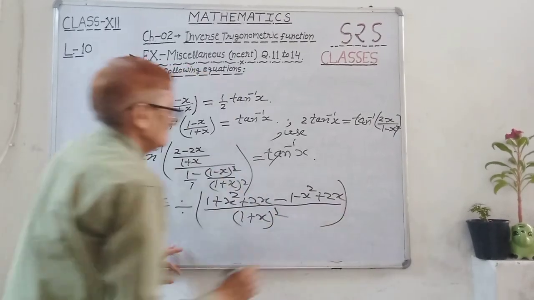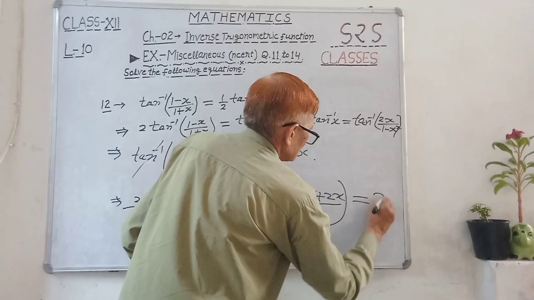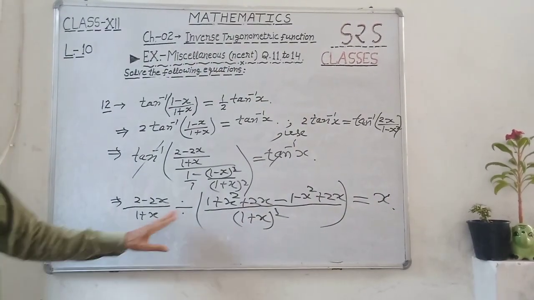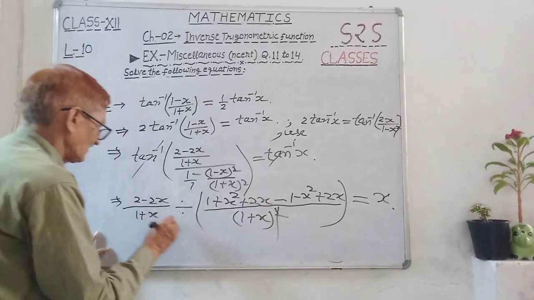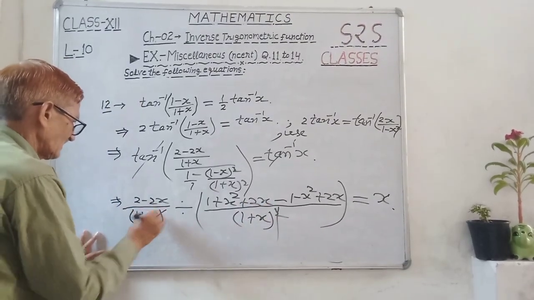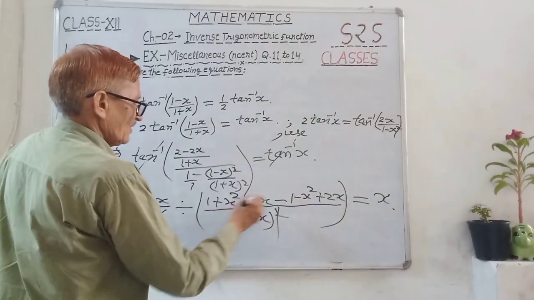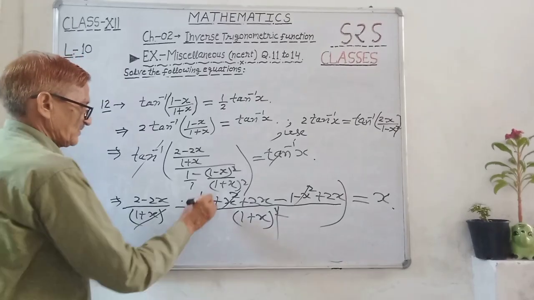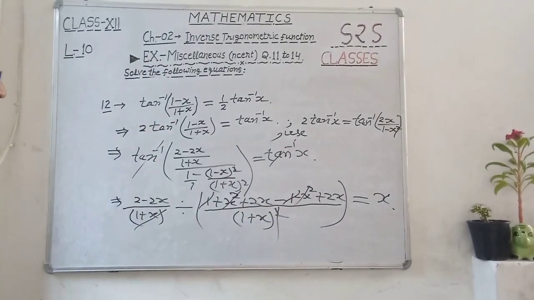Whole divide by (1 plus x) whole square. This divide by this is equal to x, right hand side x. Now this divide means reciprocal, so one factor will cancel with this factor, because this will go up in the numerator and this goes down. Now here minus x square plus x square cancel, and then plus 1 and minus 1 cancel, then 2x plus 2x is 4x.